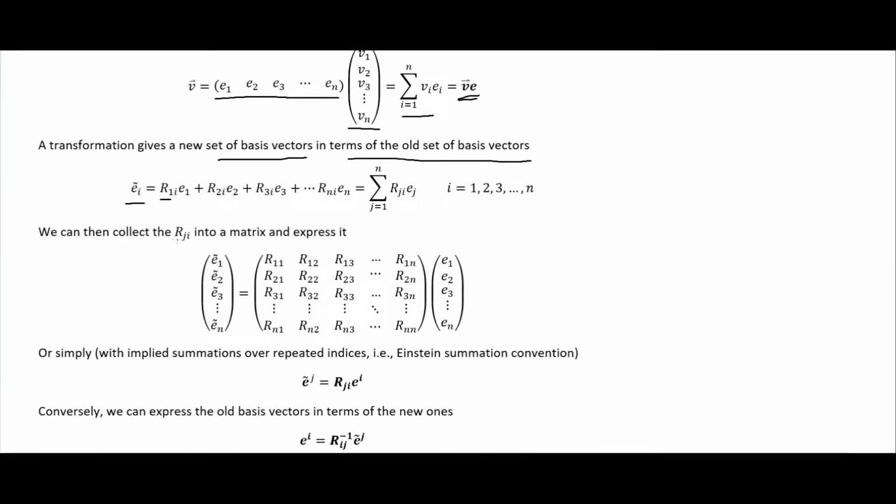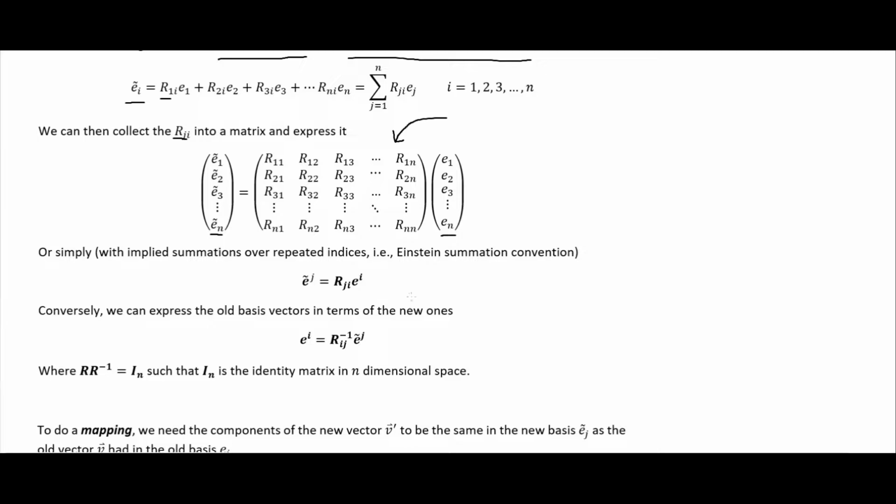So we can collect each of these numbers here into a matrix, of arbitrary size here. Well, it's arbitrary, but it depends on the dimensionality of your vector space, which could be any n-dimensional space. So we could write it more simply like this.